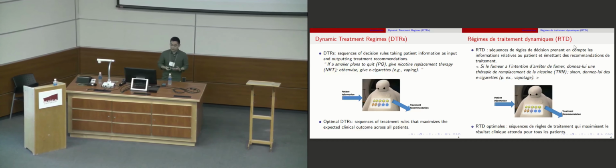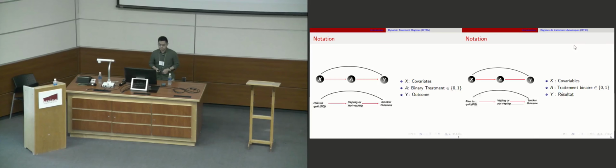Otherwise, give e-cigarettes, such as vaping. Our goal is to use the observed data to estimate the optimal DTRs, which are the sequences of treatment rules that maximize the expected clinical outcome across all patients.